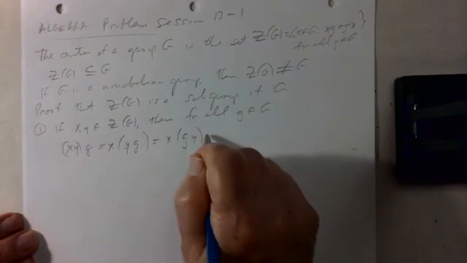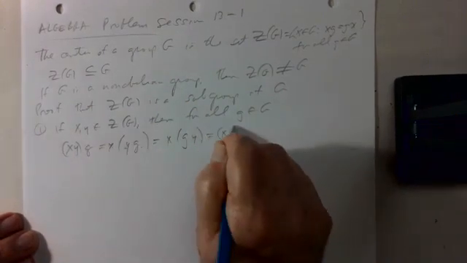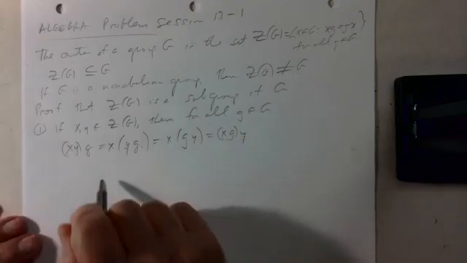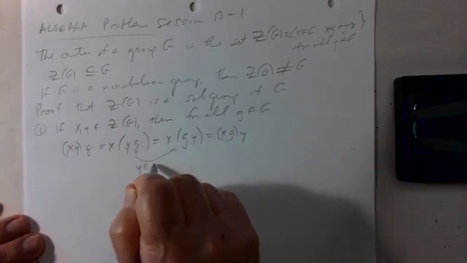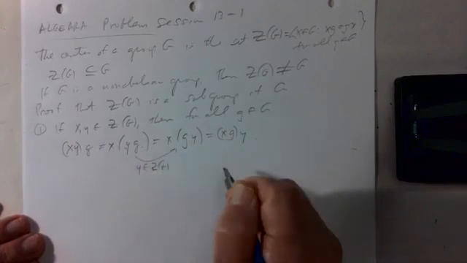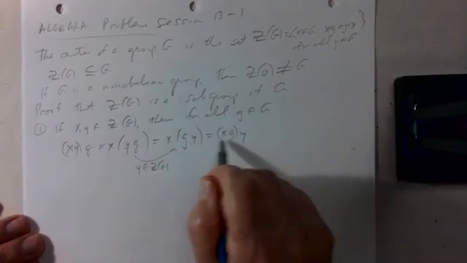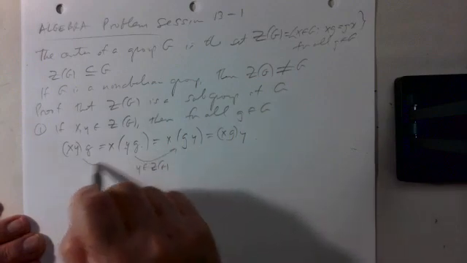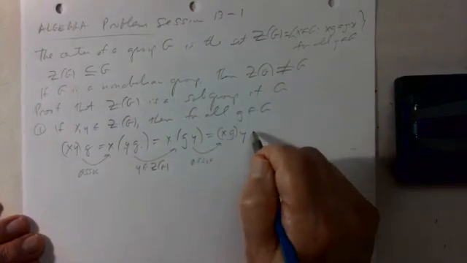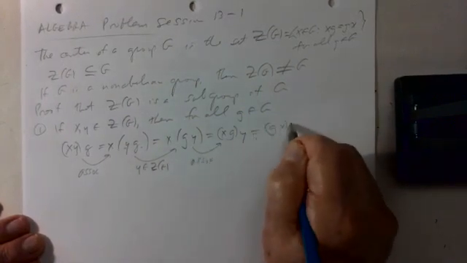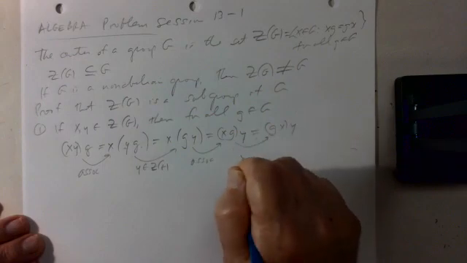And again, by associativity, this is XG times Y. From here to here is because Y is in the center, and this is associativity. And this is the same as GX times Y because X is in the center.